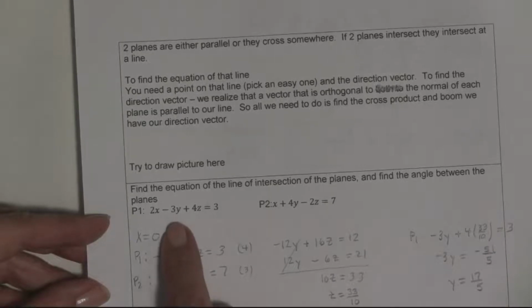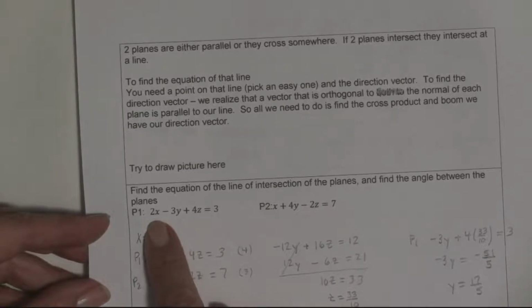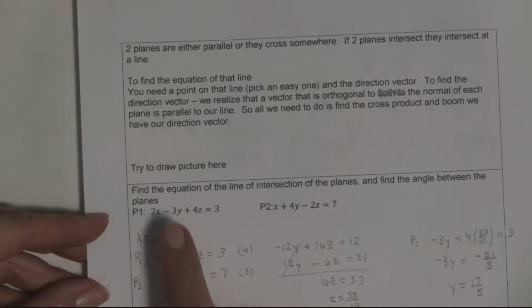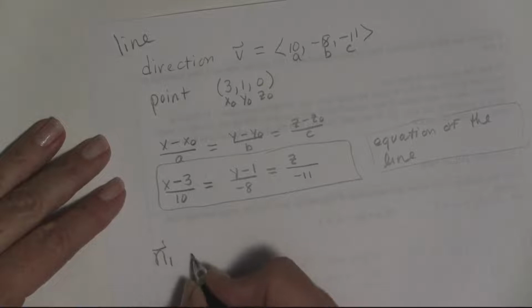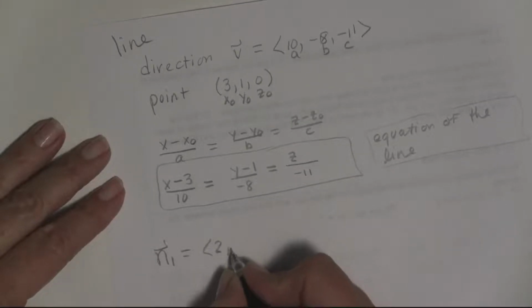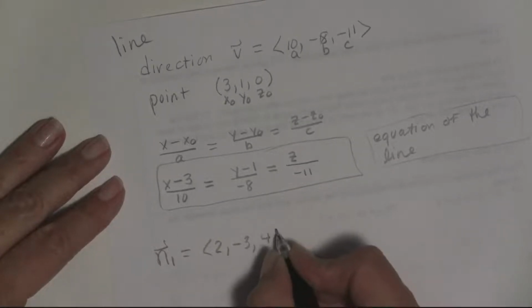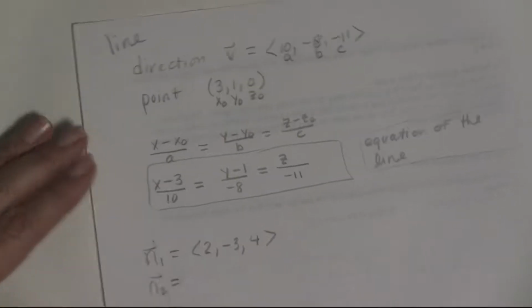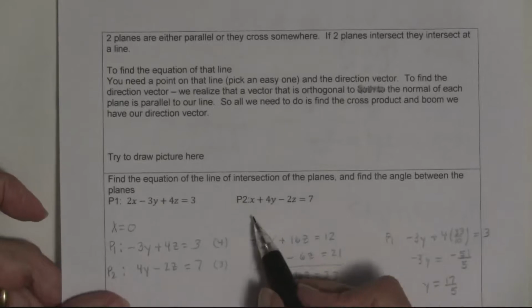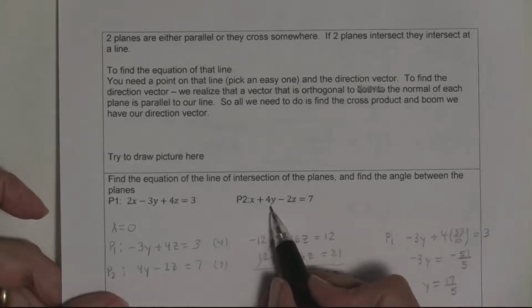So for the angle, I have normal number 1 is (2, negative 3, 4), and then normal number 2 is (1, 4, negative 2).